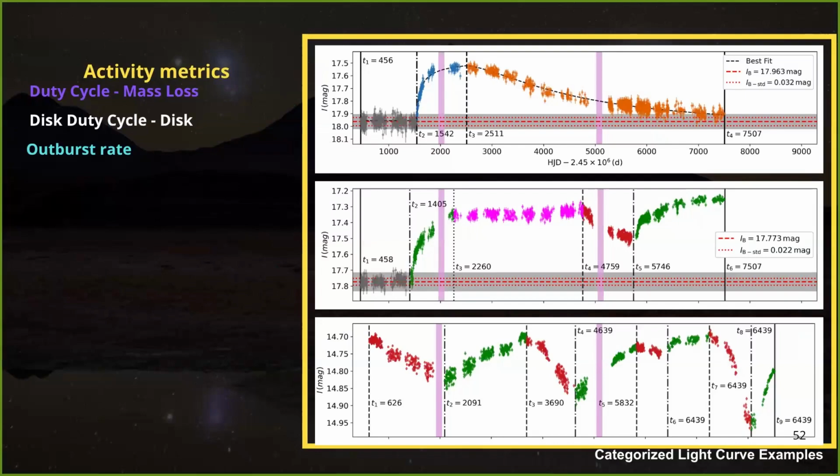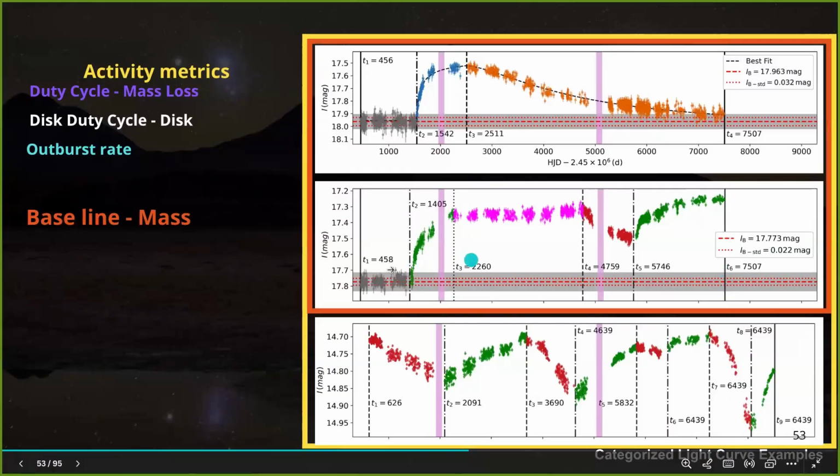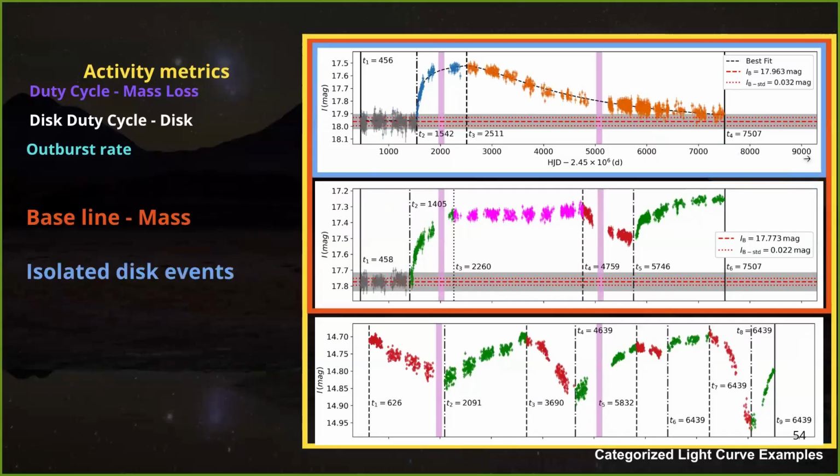For instance, for light curves that have baseline information, we can use photospheric models to estimate the mass. And this top panel shows a star that has a baseline and also turns the mass loss process on and off. So we are looking for isolated disk events.